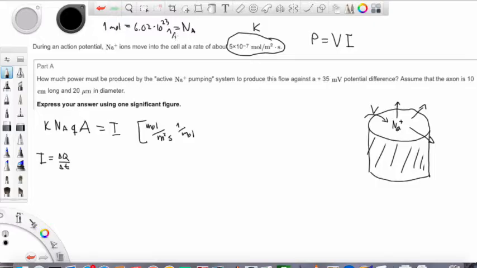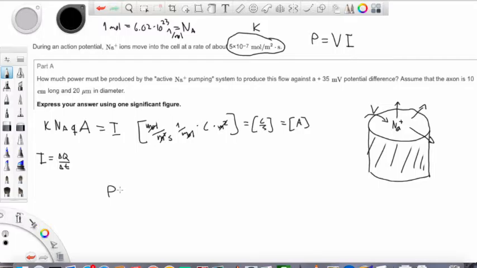So this is 1 over mole. Then the unit of charge is coulombs. The unit of area is square meters. So moles cancel, and the meters squared cancel, so we are left only with coulombs per second, which indeed is an ampere.